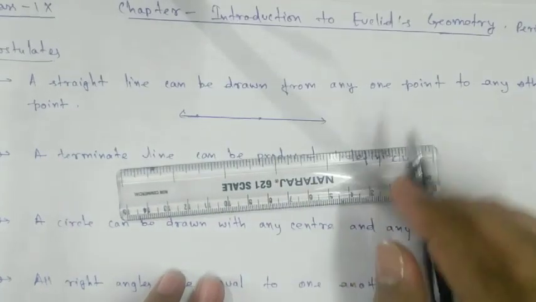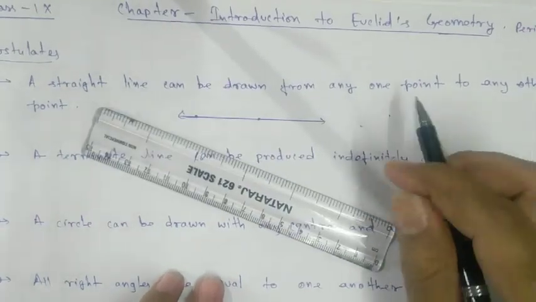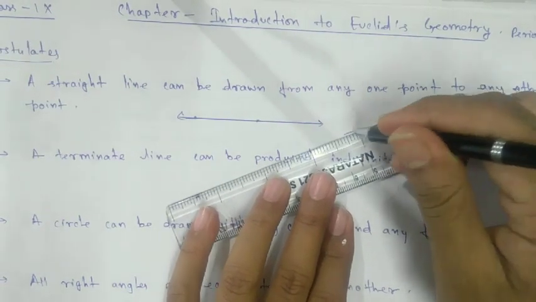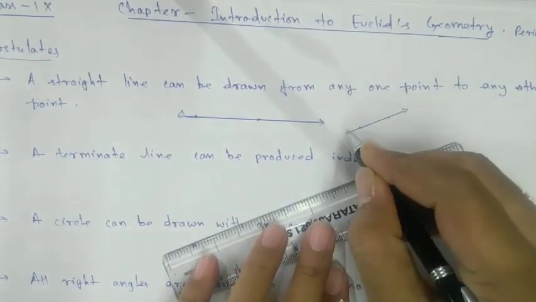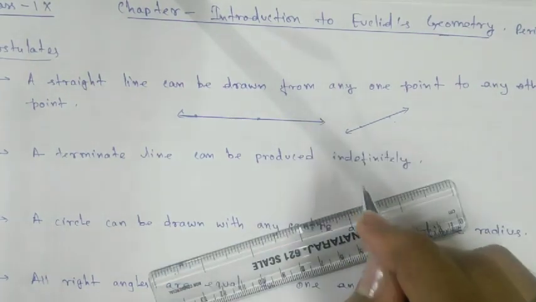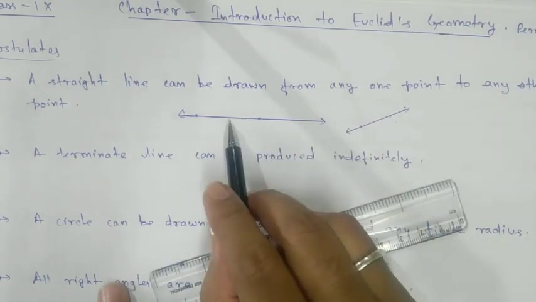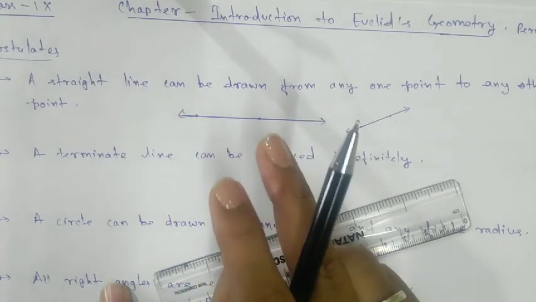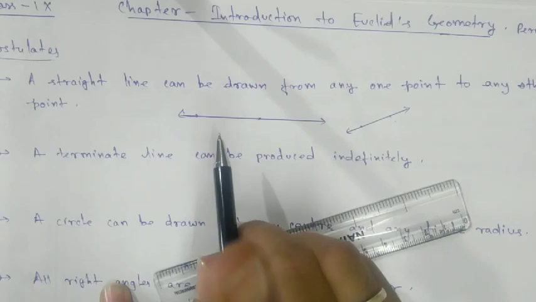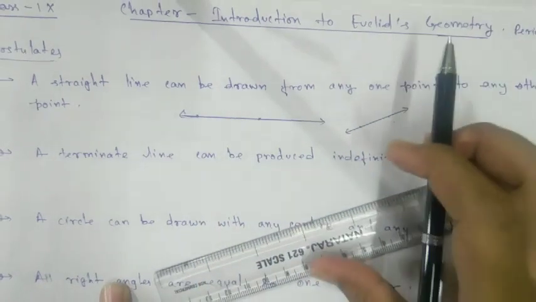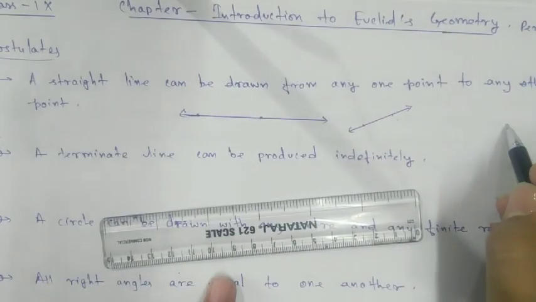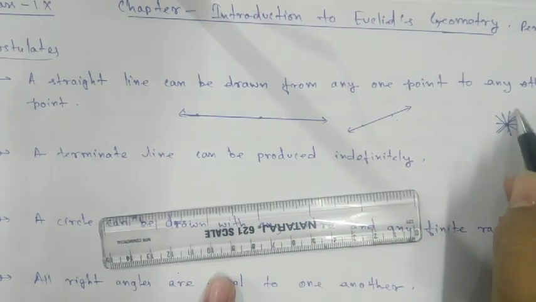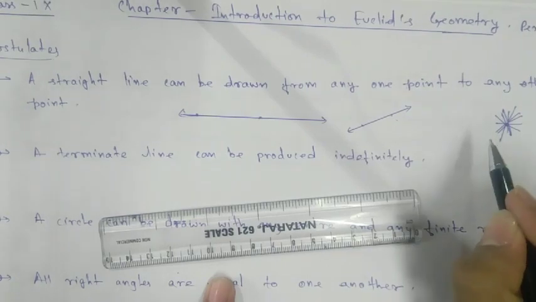If we take 1 point, then there are an infinite number of lines you can draw through it.